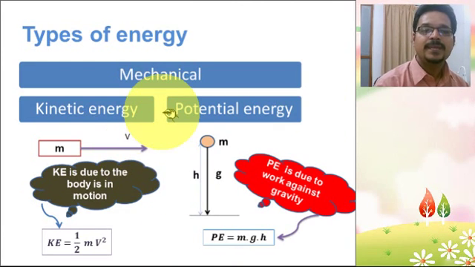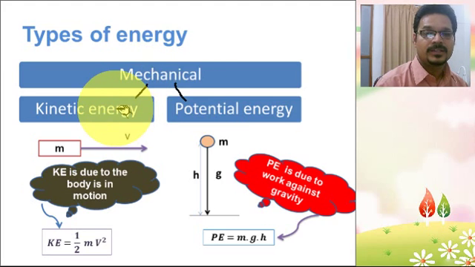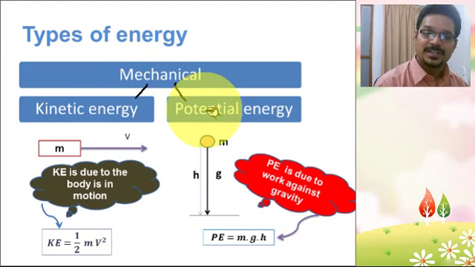We have many types of energies, like electrical energy, mechanical energy, nuclear energy, electromagnetic energy, solar energy, geothermal energy. So many energies are there. But here the point of discussion is mechanical energy. This mechanical energy is again classified into two types: kinetic energy and potential energy.